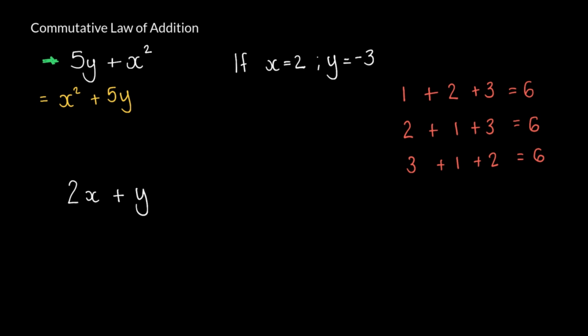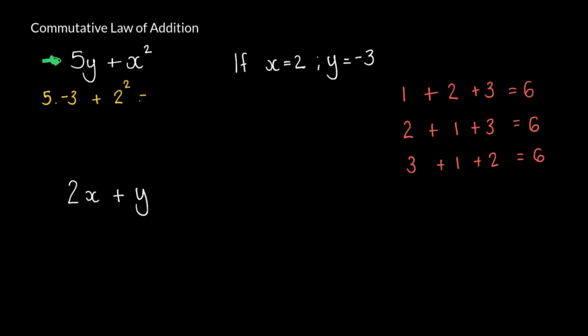Let me just remove this one that we have here. I'm going to remove this one, and we're going to work with the one before it, and we're going to see if it indeed does give us the same answer. Okay, there we go. All right, let's see what answer it gives us. So we're going to have 5 multiplied by y, so that's going to be 5 multiplied by -3 plus 2 squared.